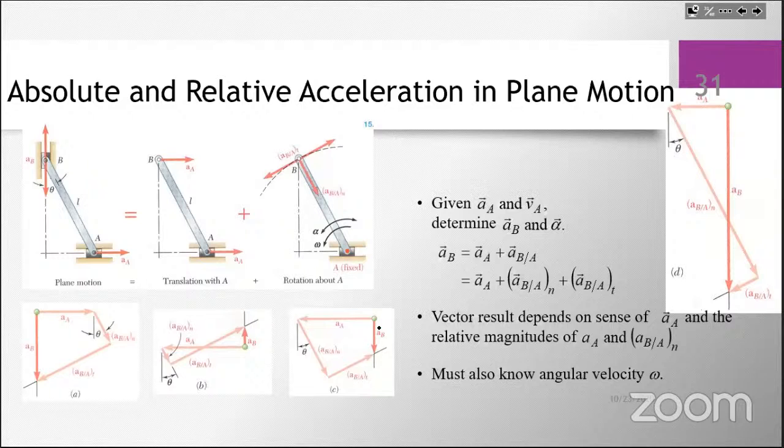But we know what a_A is doing, so we're going to assume everything's accelerating by the acceleration of A. But in the same regard, when I hold this fixed, I can either be speeding up, which would be the acceleration going in the same direction as my velocity, or slowing down, again, because you could be moving upward or downward, right?